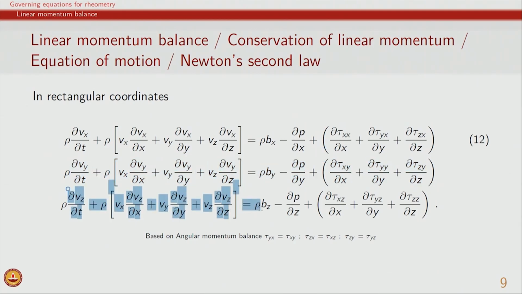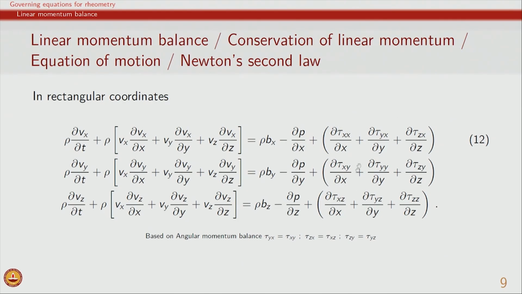Similarly, the third component is related to the velocity in the z direction, and therefore, Vz is the velocity involved. The body force has similar components in x, y or z direction, and similarly we have the gradient of pressure in the x direction, gradient of pressure in the y direction and gradient of pressure in the z direction.